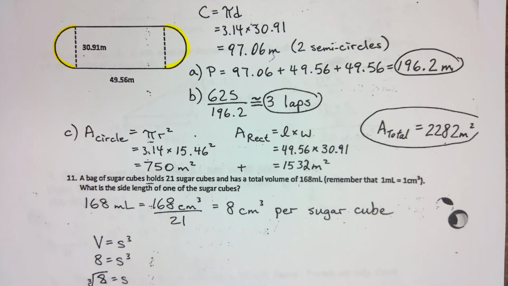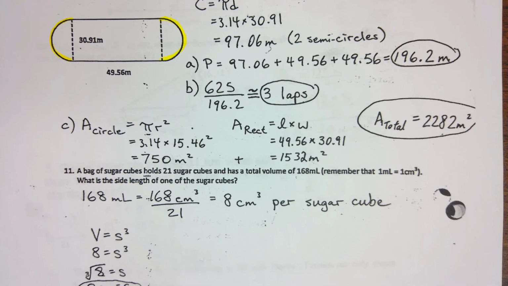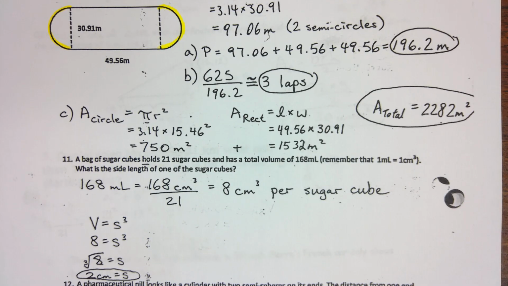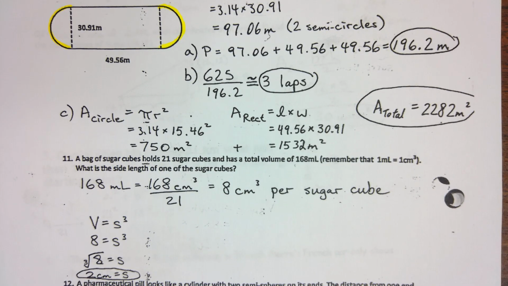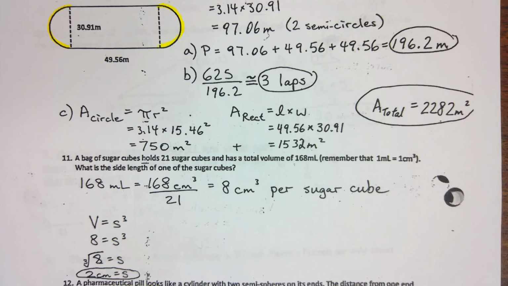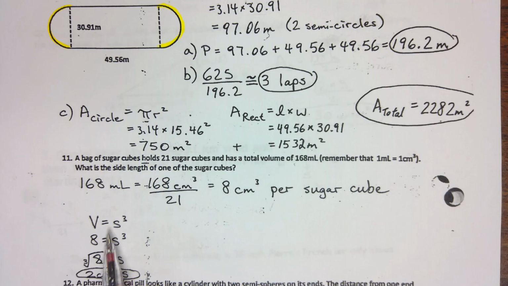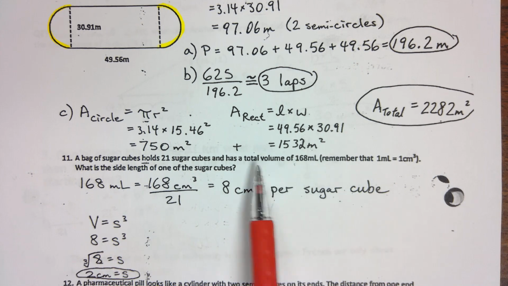Number 11. So I have sugar cubes. So that means I am looking at the cube shape and I am given the volume. On my formula sheet, I want to use the volume of a cube formula, which is s cubed.